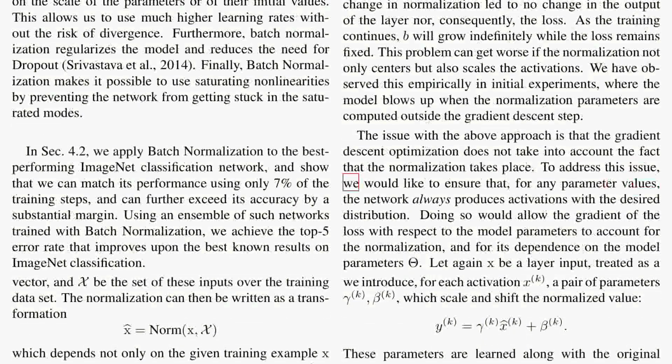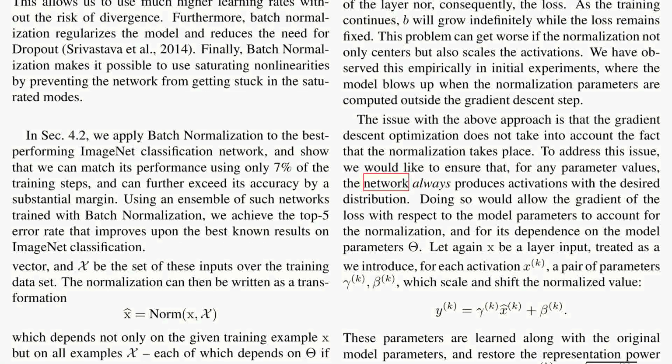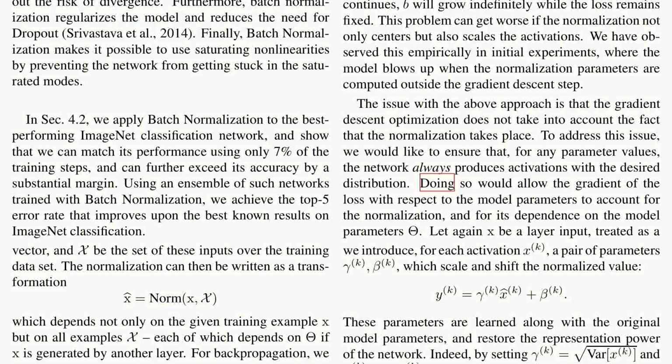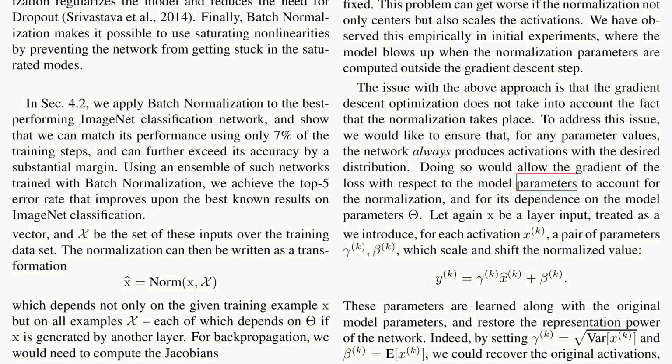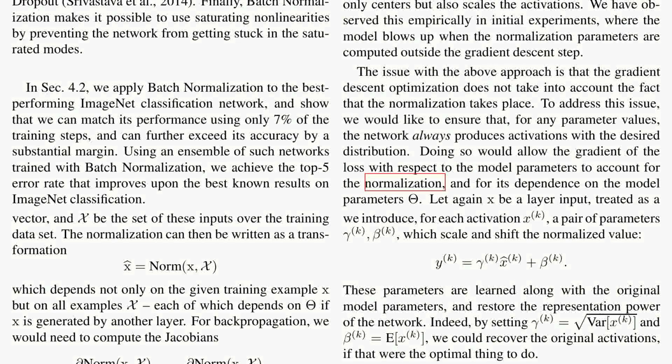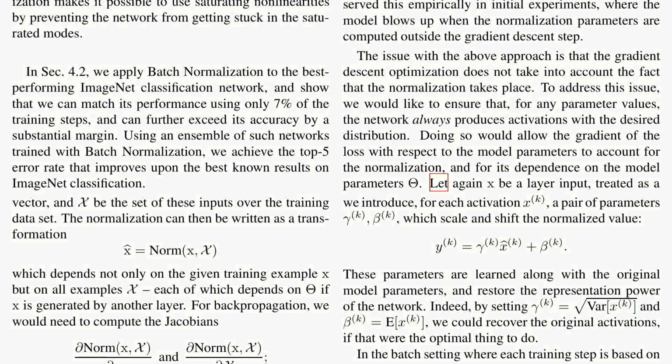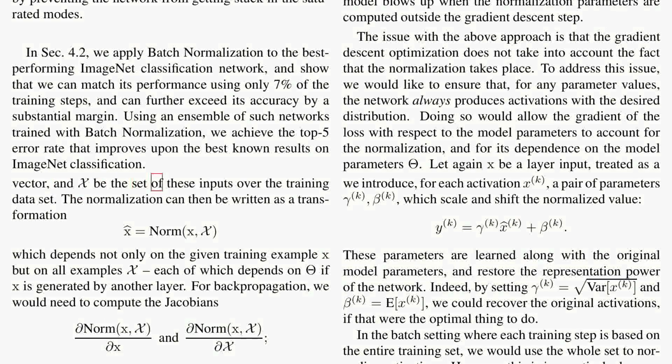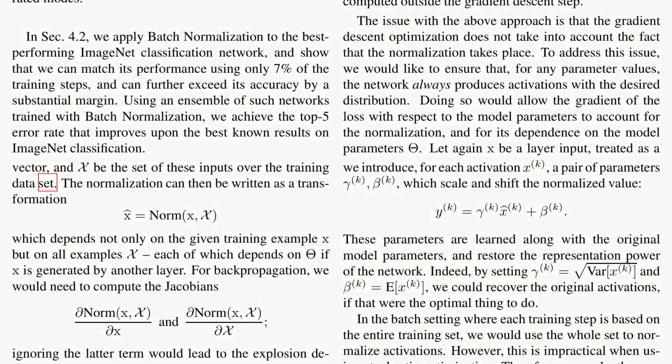To address this issue, we would like to ensure that, for any parameter values, the network always produces activations with the desired distribution. Doing so would allow the gradient of the loss with respect to the model parameters to account for the normalization and for its dependence on the model parameters θ. Let again x be a layer input, treated as a vector, and X be the set of these inputs over the training data set.